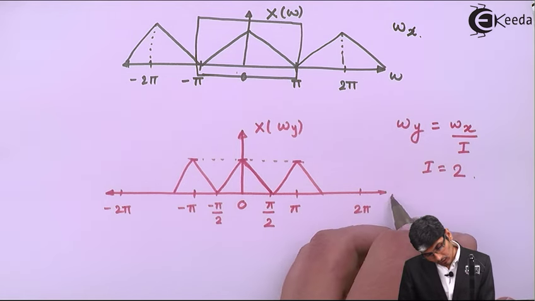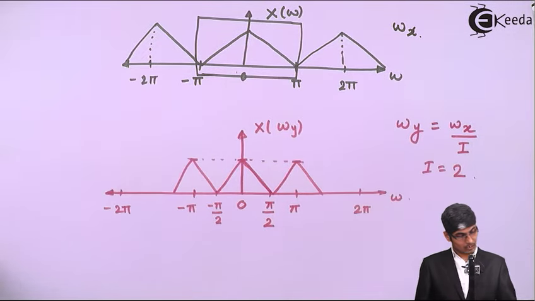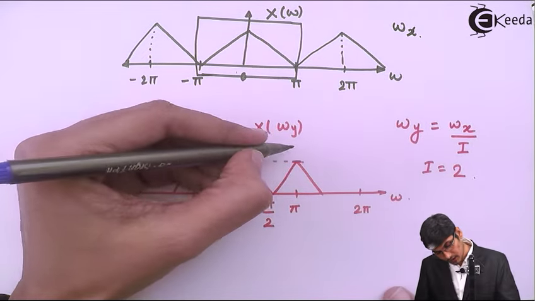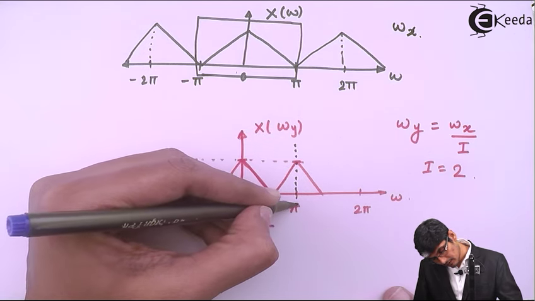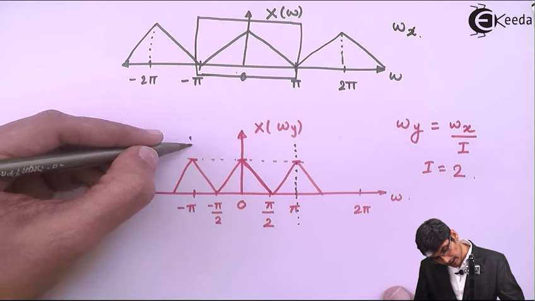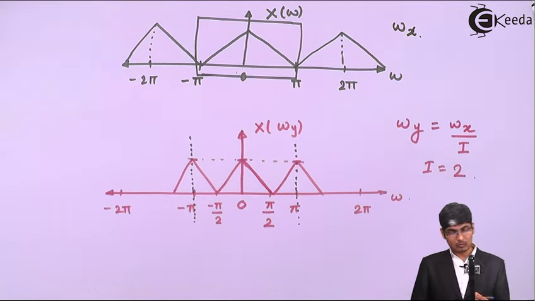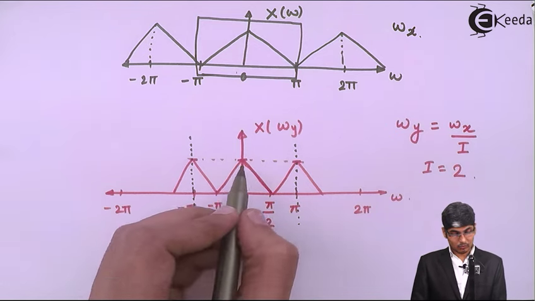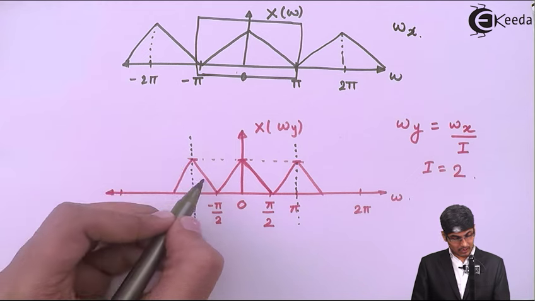Now again I have omega over here, and I see from minus pi to pi, what do I observe? If I consider this signal, what I observe is there is one signal, and there is half from this side, half from this side.